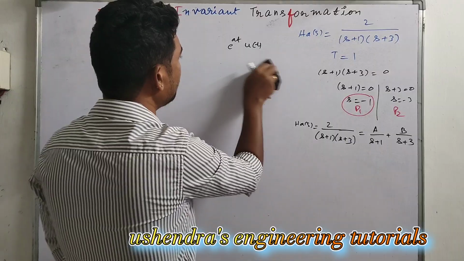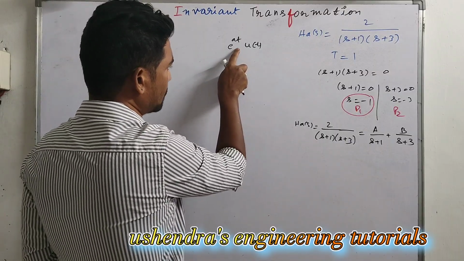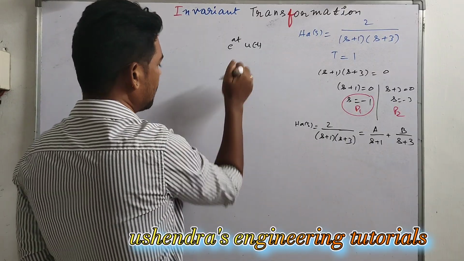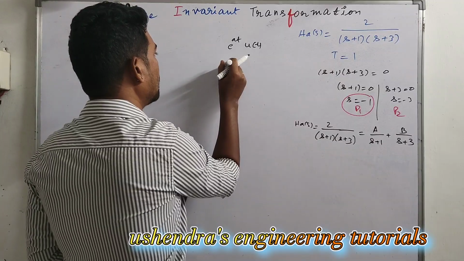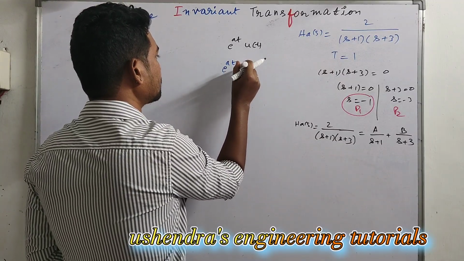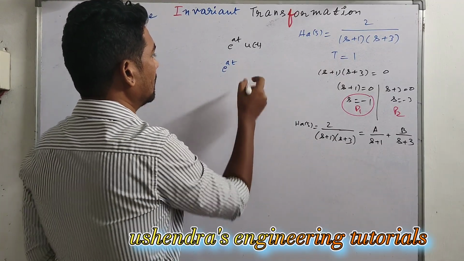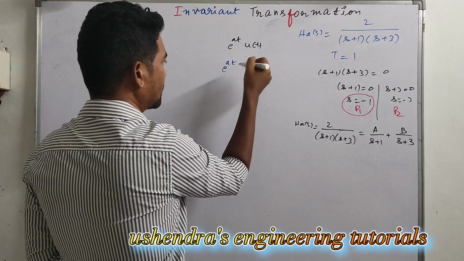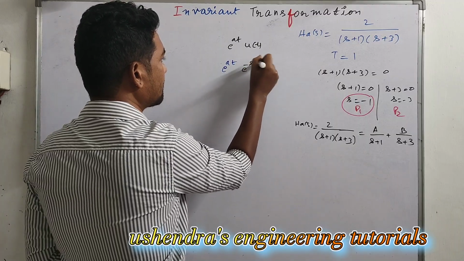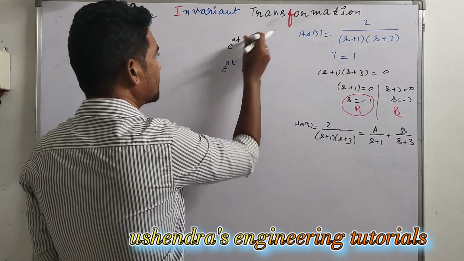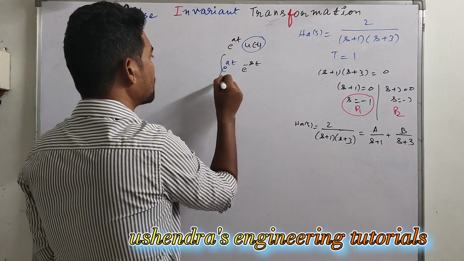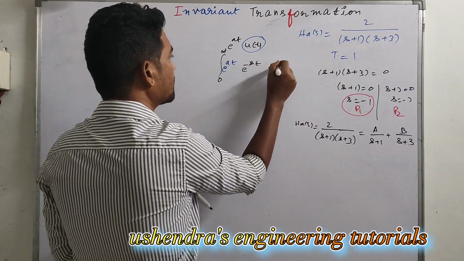And in order to obtain the Laplace transform of this, what to do? The given factor e raised to at is multiplied with the Laplace transform factor e raised to minus st, and u(t) says the integration is from 0 to infinity with respect to t.